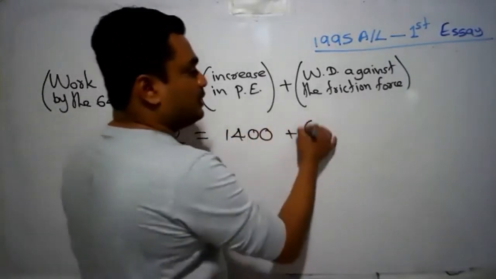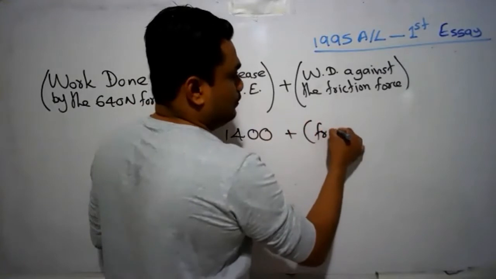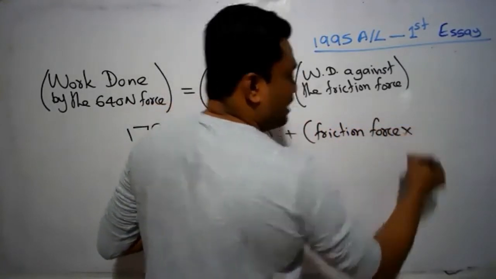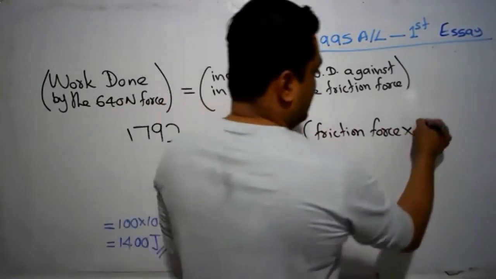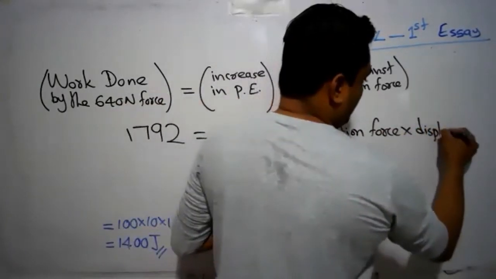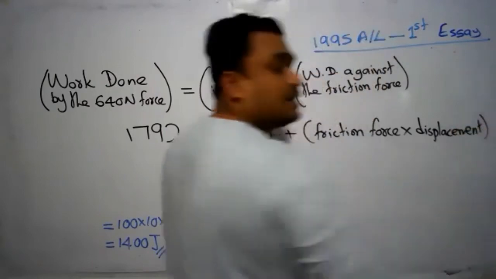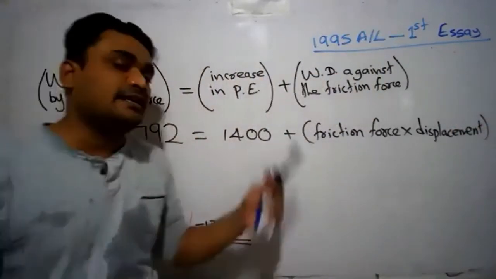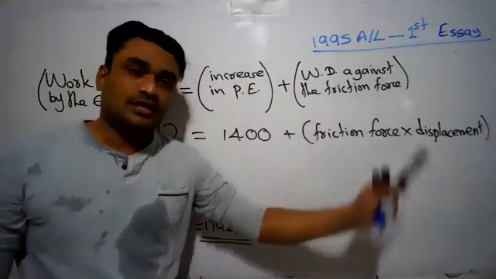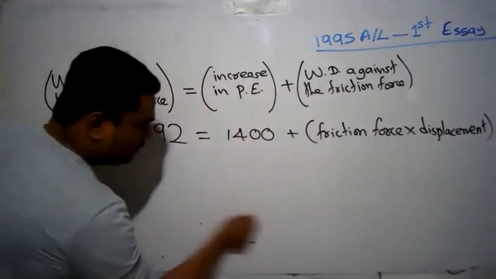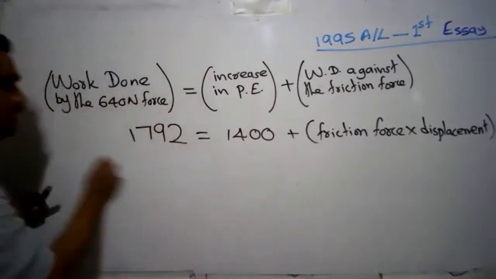Work done against the friction force means friction force multiplied by displacement. Force into displacement is the work done by a force. So work done against the friction force means friction force into displacement.